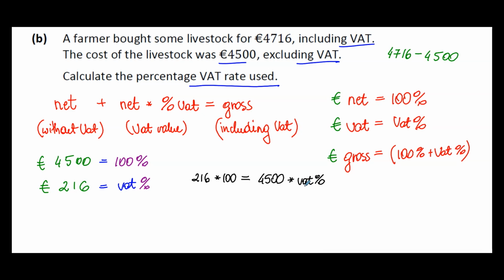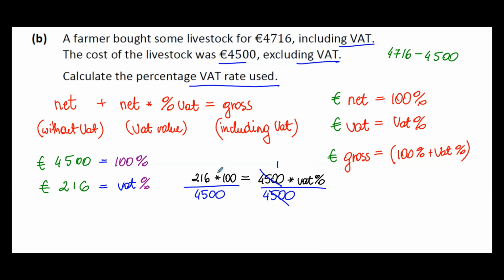This is what you are looking for. Okay, what am I looking for? VAT percentage, so 4,500 multiplied by VAT percentage. How do I get rid of that 4,500? I divide, and I divide both sides of the equation. If you have a multiplication, you divide. Why? Because 4,500 divided by 4,500 equals 1, multiplied by VAT rate gives me VAT rate.